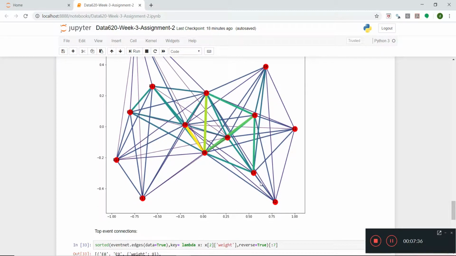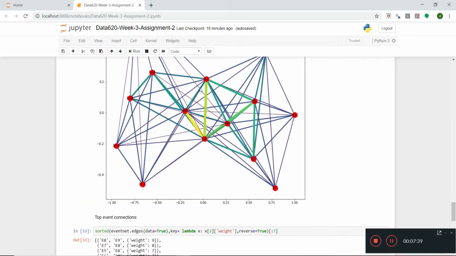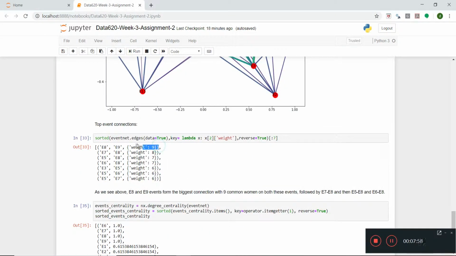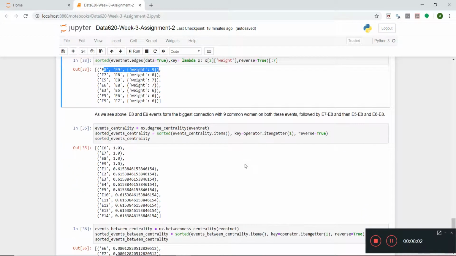Here E8 and E9, I'm sorry, this is the thickest or most solid relationship. That means they had the biggest number of common women going to both events, which is 9. Here we see it after we sorted the edges by weight.